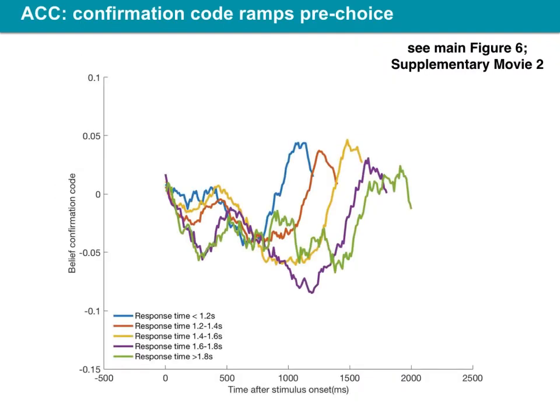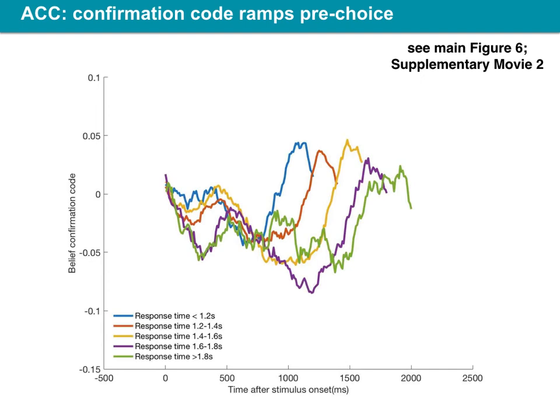And then finally, what we can do is take the firing rates from all of the neurons that we recorded in ACC, and project them into a subspace which is defined by those regression coefficients. We take the data from half of the trials and fit the regression model, and then we take the left out data from the other half of the trials and ask how the activity evolves in that space.